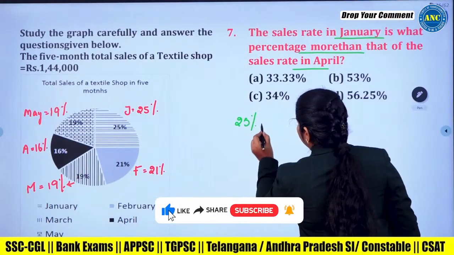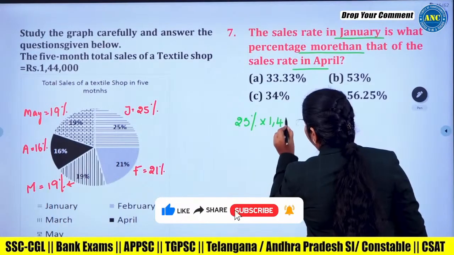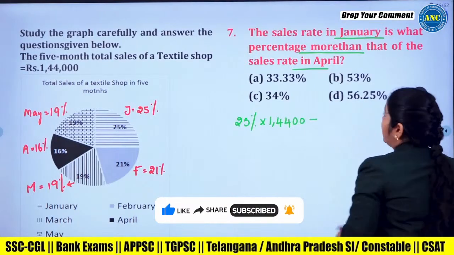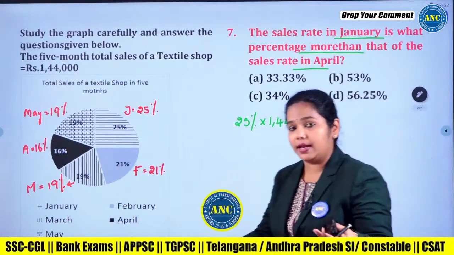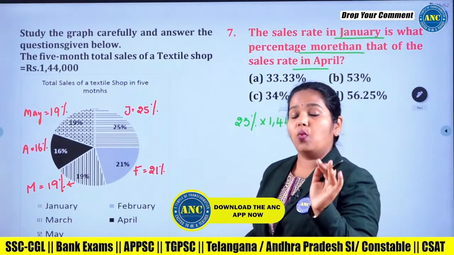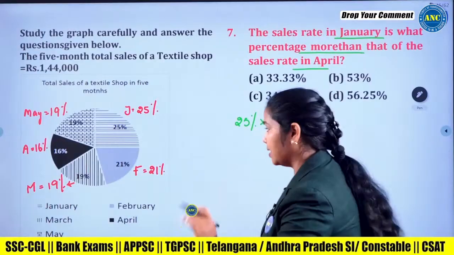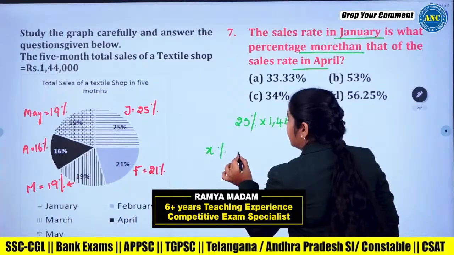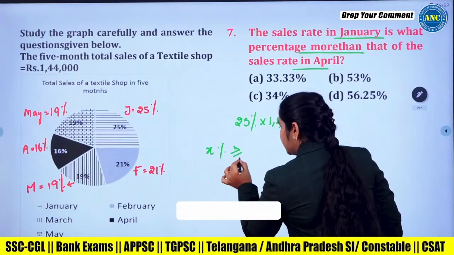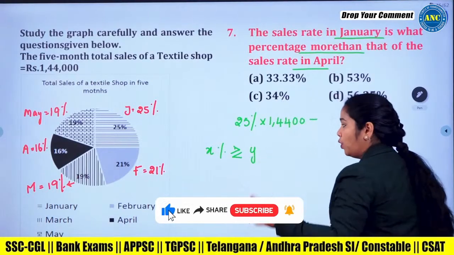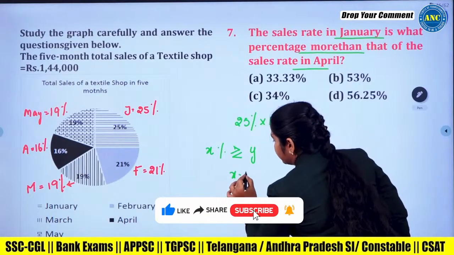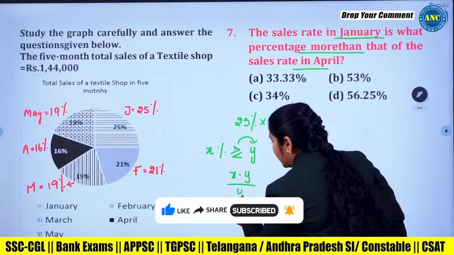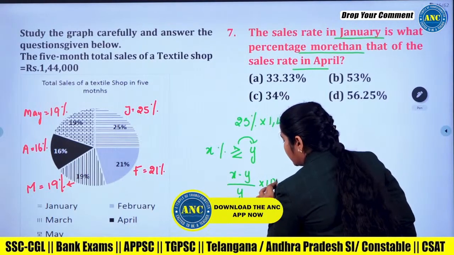So, 25% of 1,44,000 they will take. Minus, so we want percentage more than. X is what percentage more than or less than Y? Then you will take X minus Y by Y, because we are comparing with Y, so Y in the denominator, into 100.